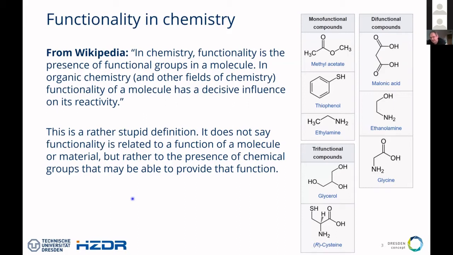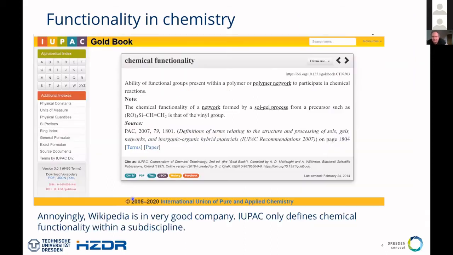It is a definition of something that provides a property, and that is a bit weird. So, okay, you might think, well, Wikipedia is not the first resource where you should go. Let's go to IUPAC. If you go to the IUPAC Gold Book and you are looking for chemical functionality, I was surprised that there's no main entry on that. You only find a sub-entry in a subdiscipline, in networks, in polymers.